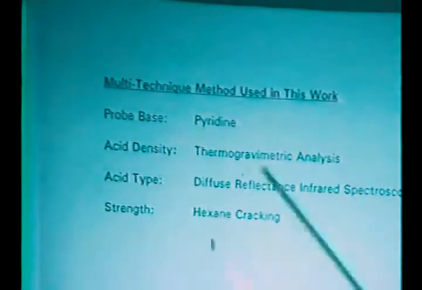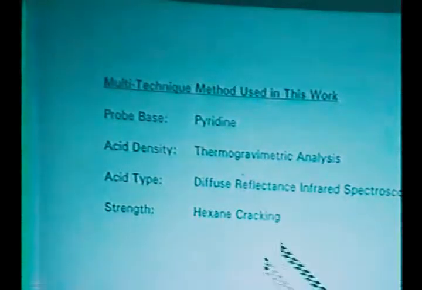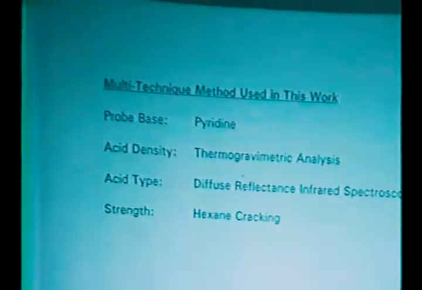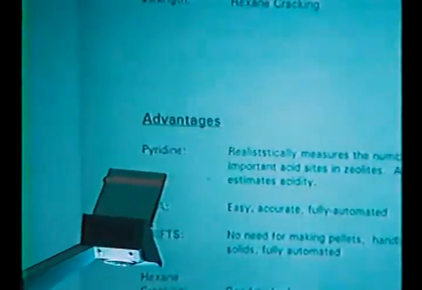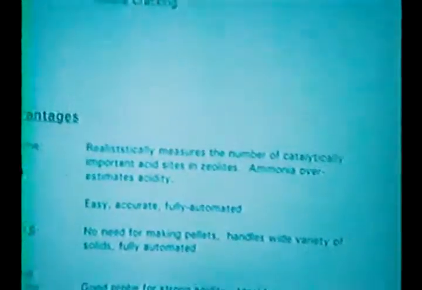And we have chosen hexane cracking as a way of looking at the strength of strong acid sites. Again, we measure here the initial activity of the catalyst at 400 degrees C, very early in the onset, normally at 5 minutes, and we calculate activities at that point.